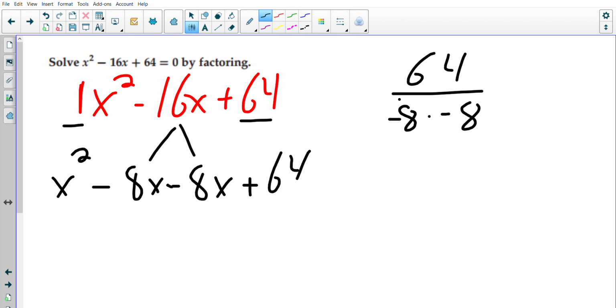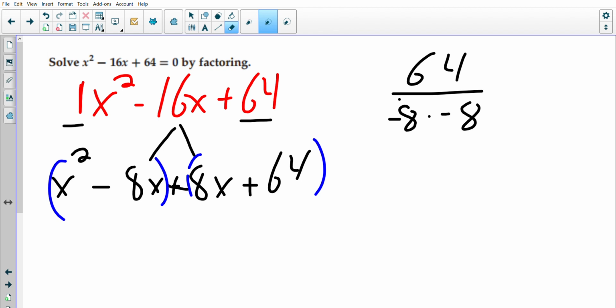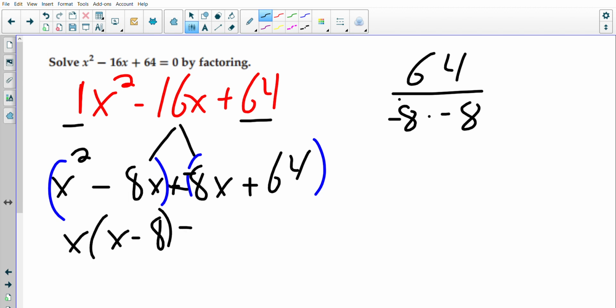So that way when we group, we have that negative inside the parenthesis. We need that. So in the first one, we take out an x, left with x minus 8, plus, take out a negative 8, left with x minus 8 again.